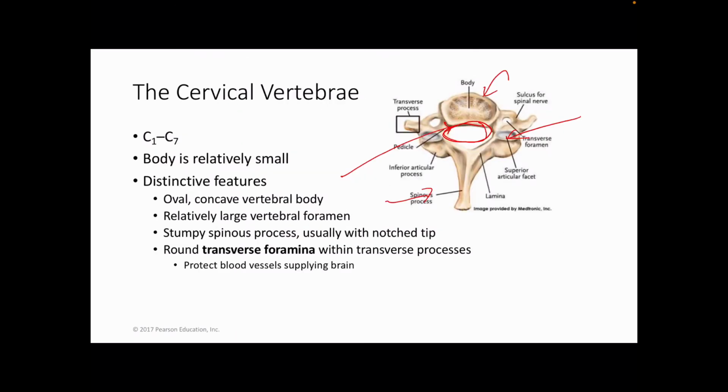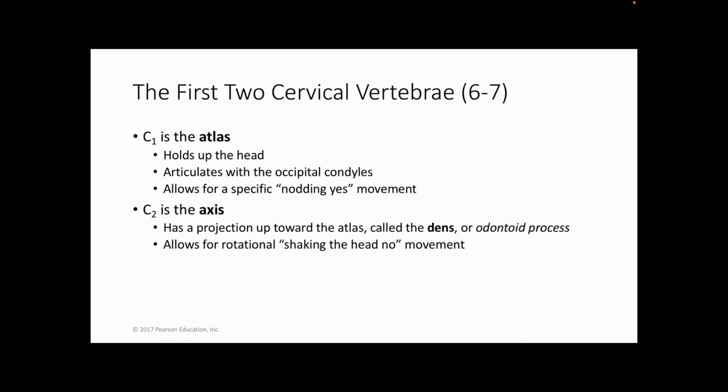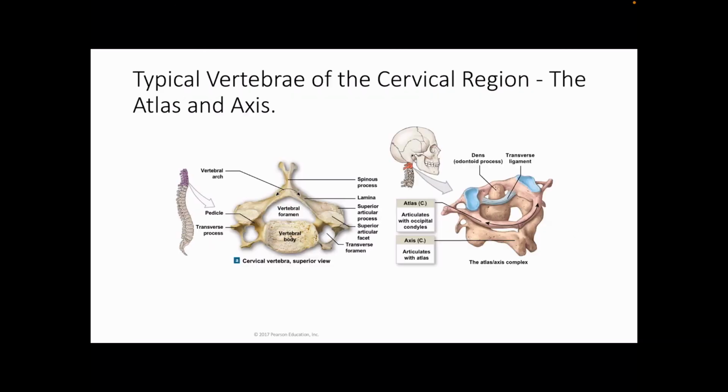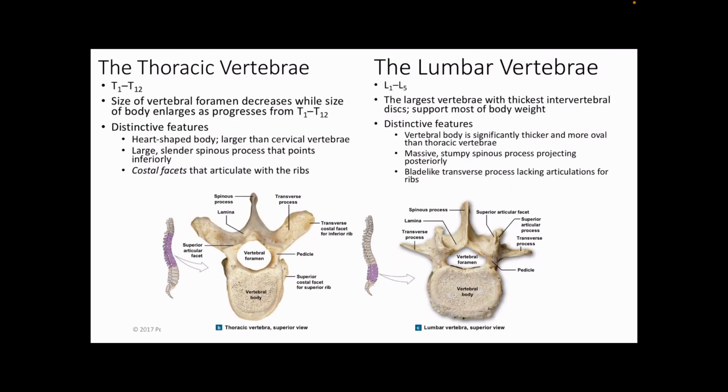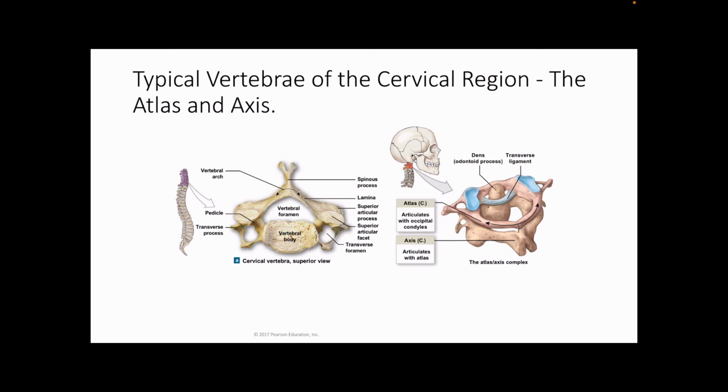Okay, I want to talk about the first 2 cervical vertebrae, the ones that you have to know by name, okay? So they are up here at the skull, and they're axis and atlas. And let me see if I have a good one. Okay, here we go. So they're right under the skull. Axis and atlas are named this because of Greco-Roman mythology, right?